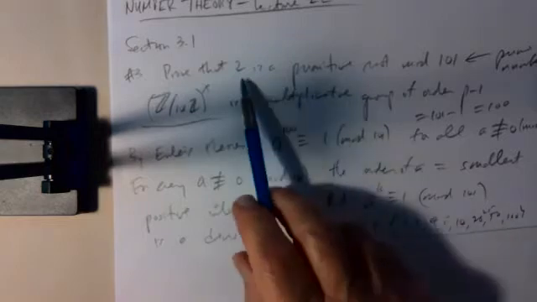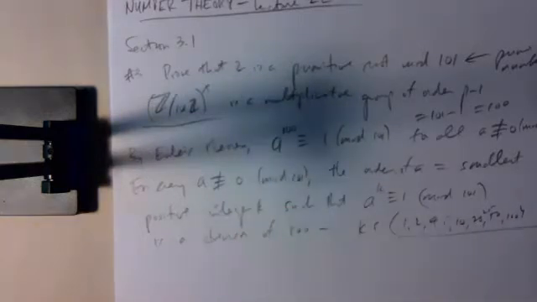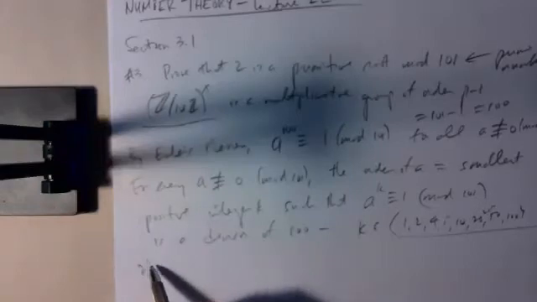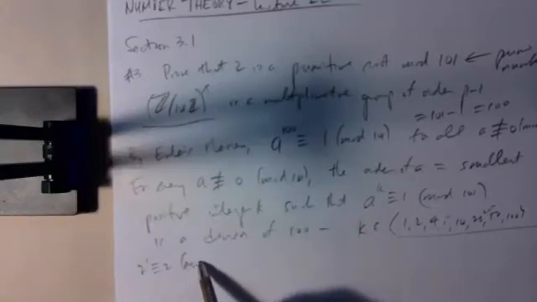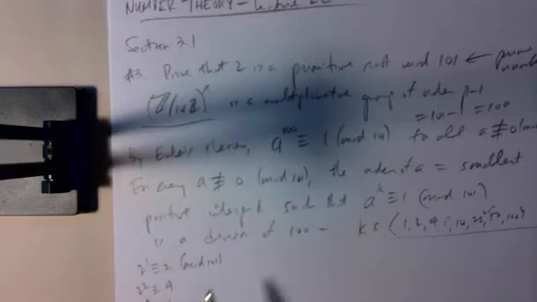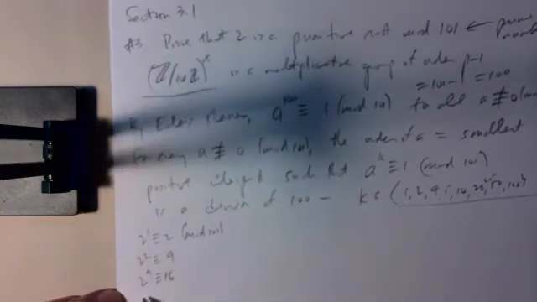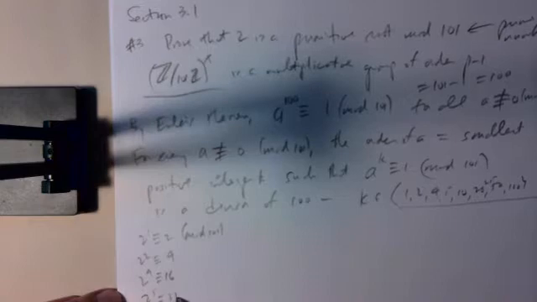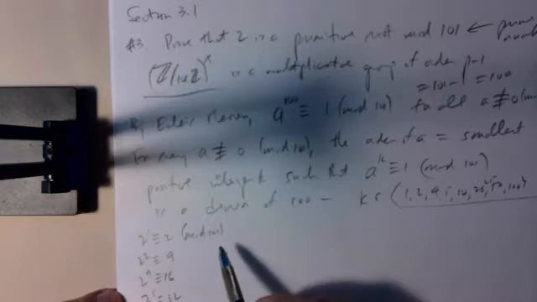So let's look at the powers of 2. 2 is relatively prime to 101. 2 to the first power is 2 mod 101. 2 squared is 4. 2 to the fourth is 16. 2 to the 5th is 32. So none of them is 1. What about 2 to the 10th? That's a little harder.